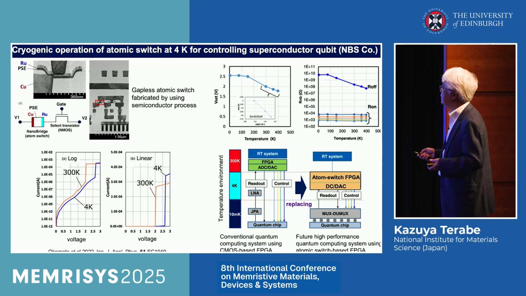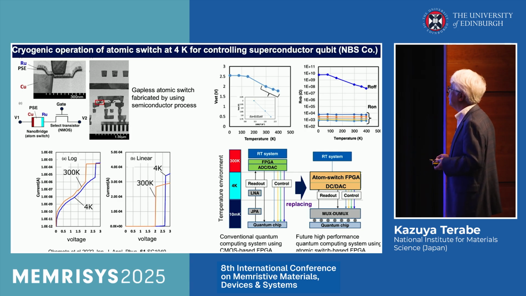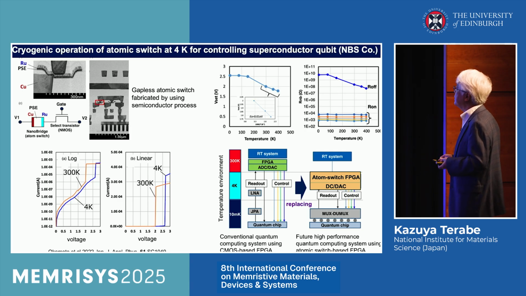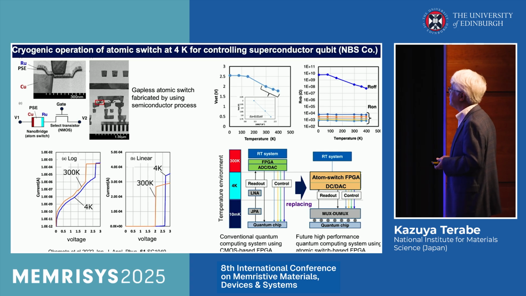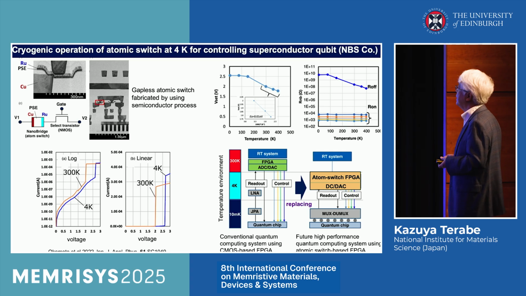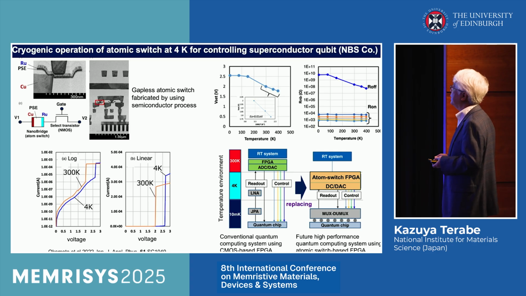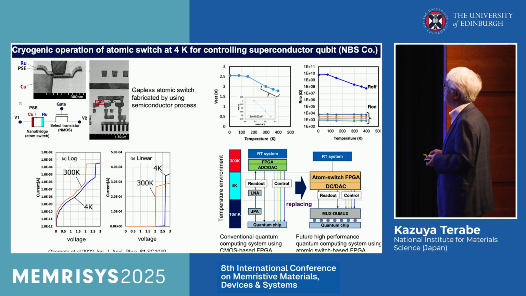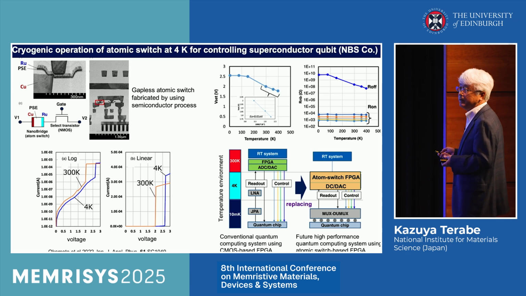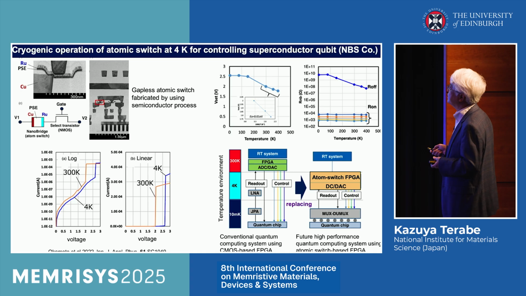So this is applied to the quantum chip control. This is a conventional quantum computing system using the CMOS-based FPGA. The quantum chip is located at a very low temperature, and the FPGA is at about room temperature. This distance is a very long wire, so it generates noise and so on.